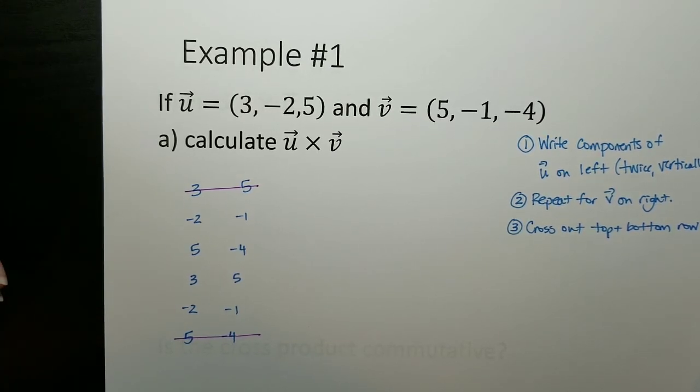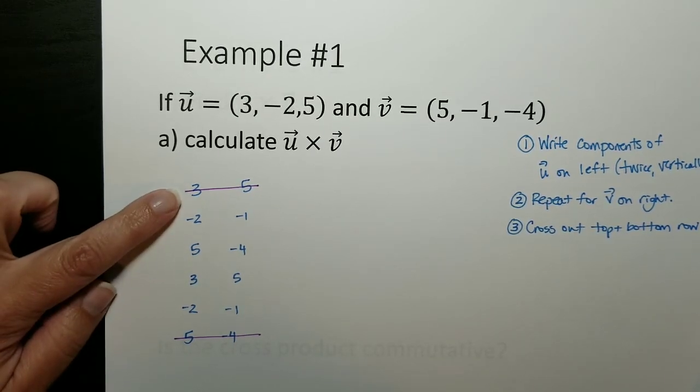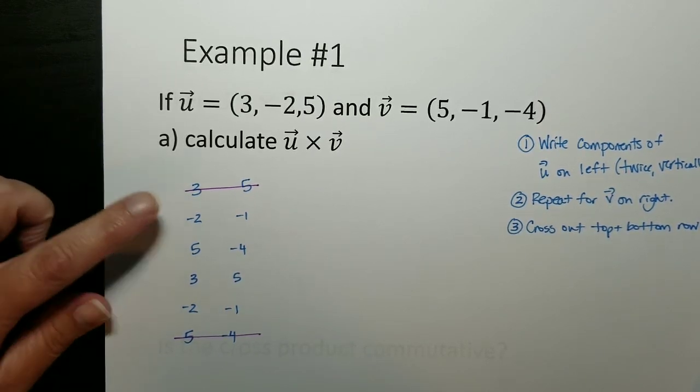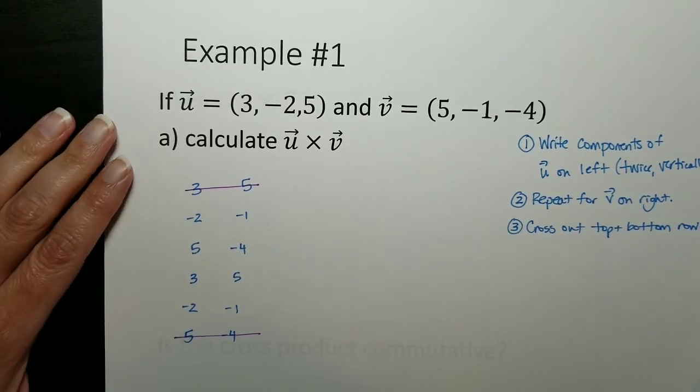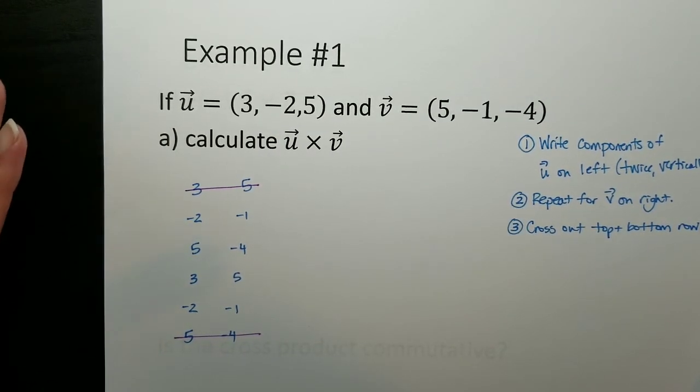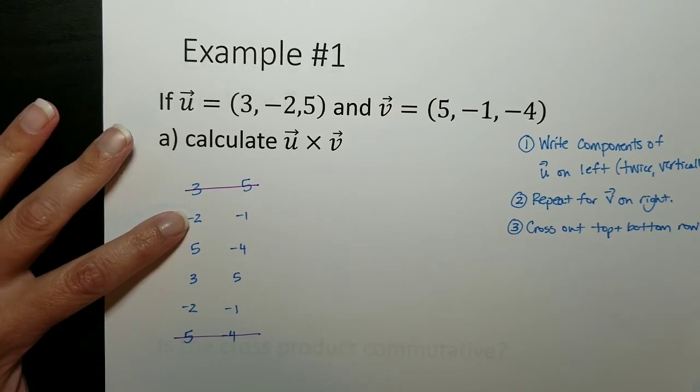I've just totally gotten in the habit, and I know that I don't need the first one, but every time I do cross product, all the way through university, and teaching for the past almost 20 years, I still write them down and cross them out. So it works for me. You don't have to write them down and cross them out if you remember which one to start with.